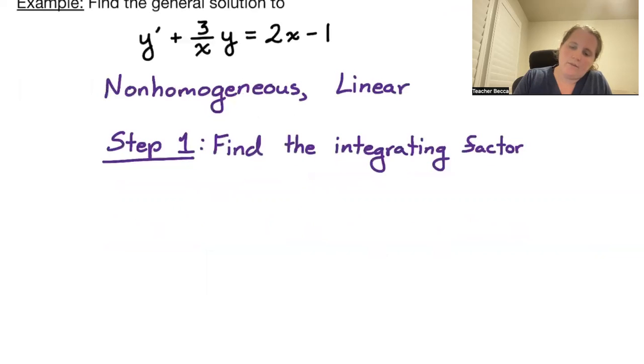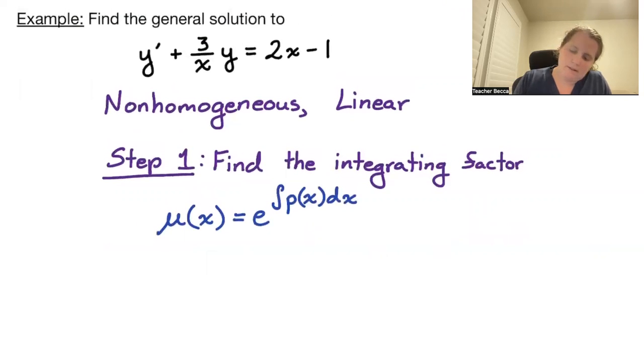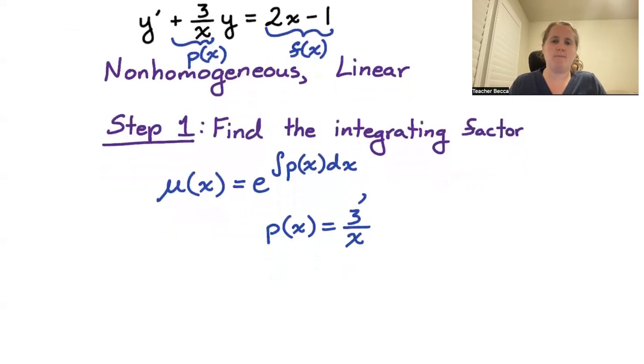So we have mu of x is equal to e to the integral of p of x dx. In this case, p of x is 3 over x. Right? So the plus 3 over x times y, that 3 over x is our p of x. 2x minus 1 is our f of x in our usual form.